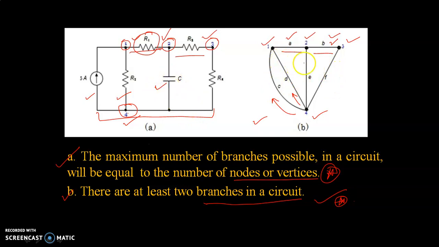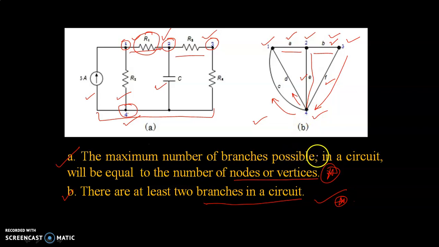See this. It is represented by this E. And in between 3 and 4, there is R4, which is represented by F. So this makes your graph.